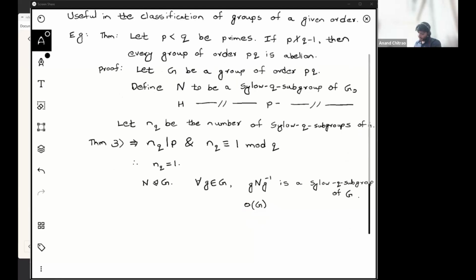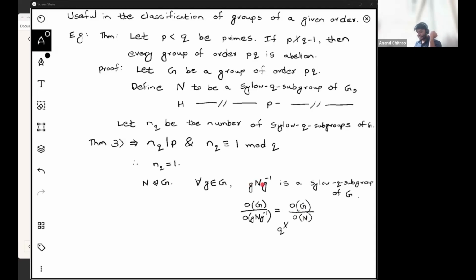The order of G divided by the order of g N g inverse is the same as the order of G by the order of N. And we knew that N is a Sylow Q subgroup, so Q doesn't divide this.